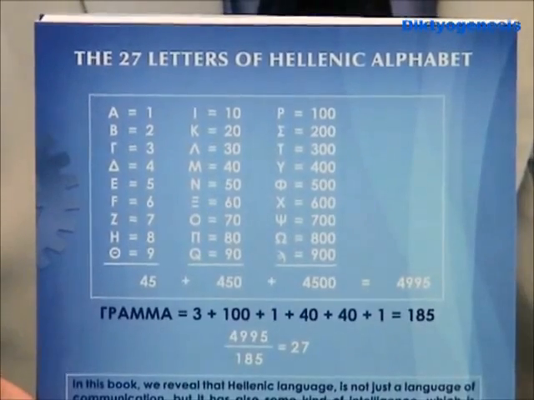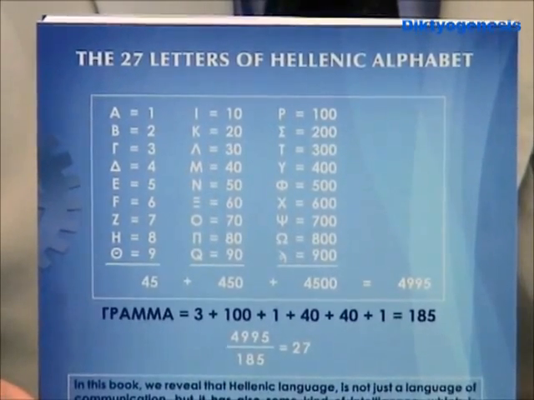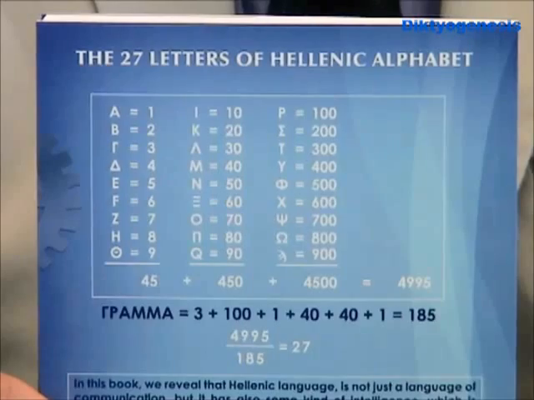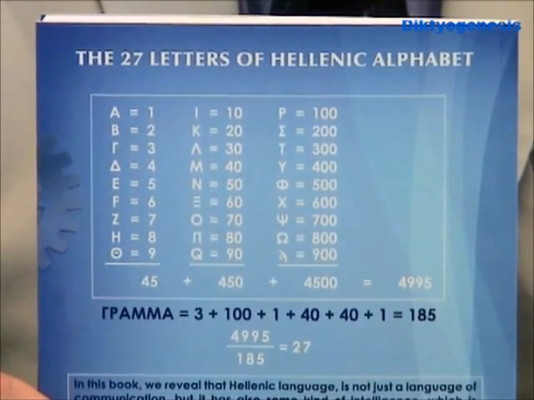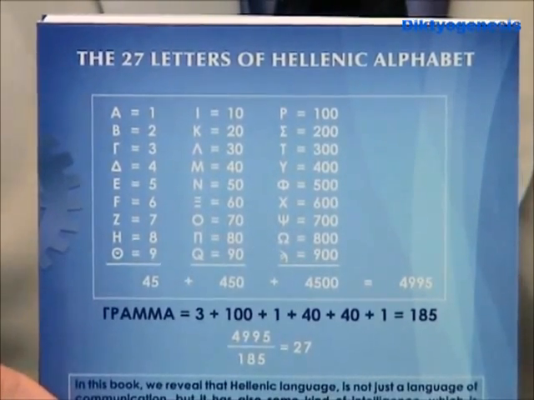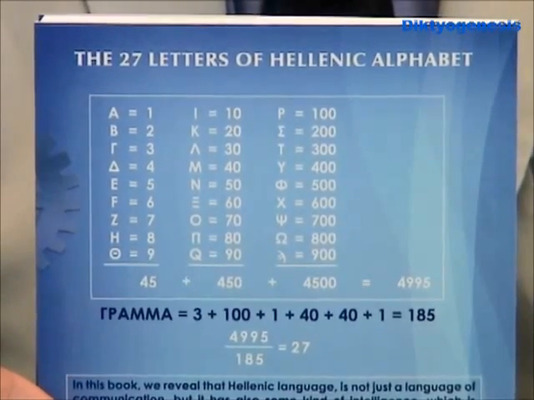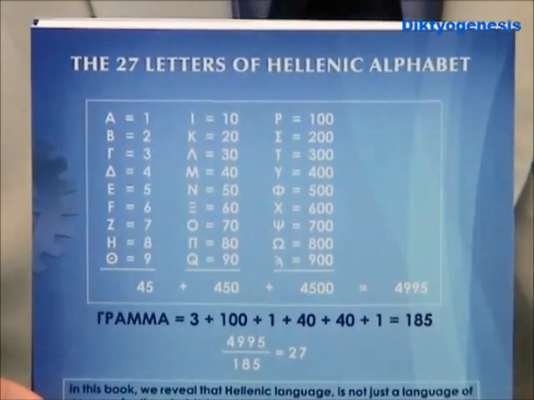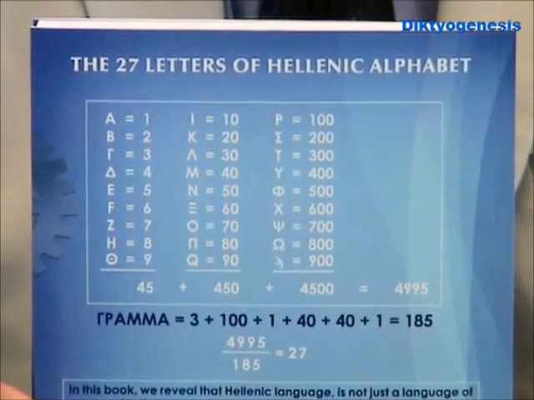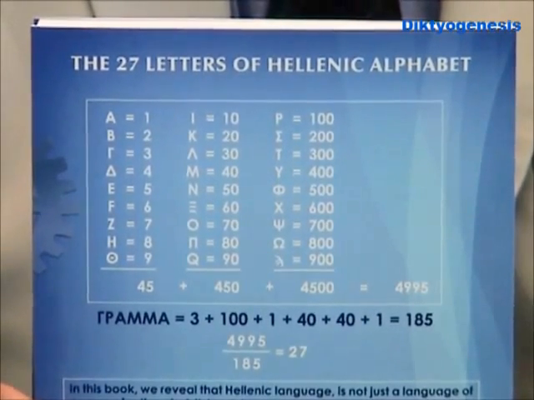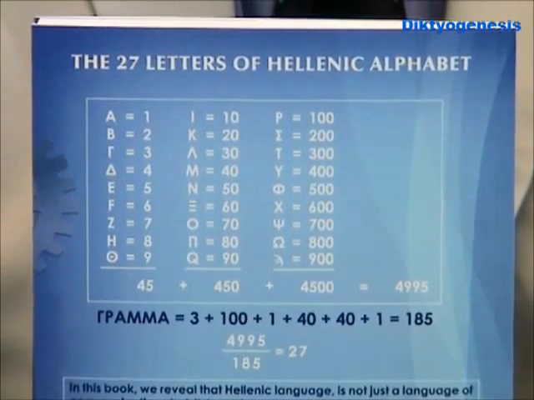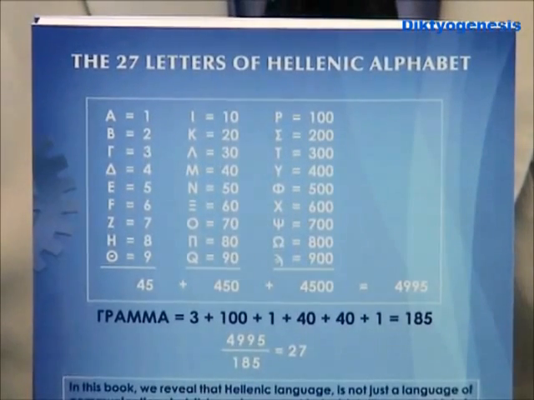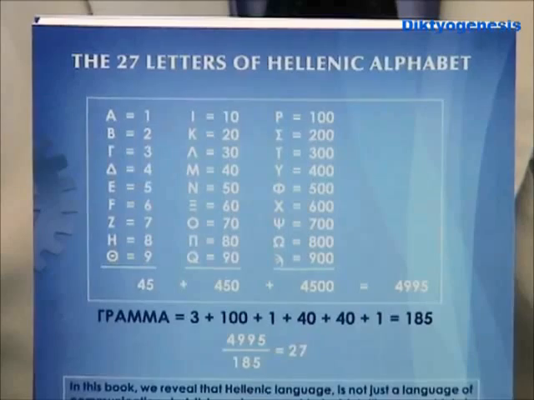But we will show that by adding the first 9 units from 1 to 9, we receive 45 as sum. Then if we add the multiples of 10, 10 plus 20 plus 30 plus 40 plus 50, 60, 70, up to 90, we will get the number 450. And finally, if we add the 9 multiples of 100, starting from 100 and ending at 900, we will receive the number 4500. Now, by adding all these numbers, 45 plus 450 plus 4500, we will get the number 4995.